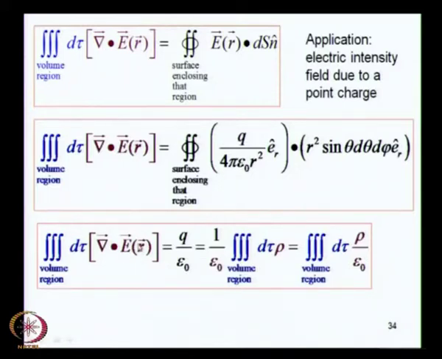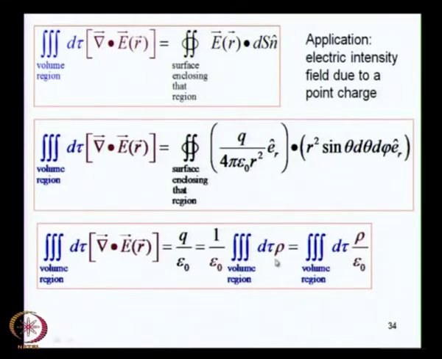So, the volume integral of the divergence of A, or divergence of E in this case, is nothing but q over epsilon 0, but then you can also think of the charge itself as the volume integral of a charge density, because it could come from a finite charge density which is sitting inside that region of space.